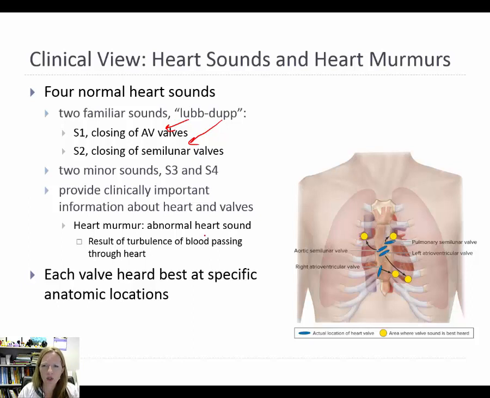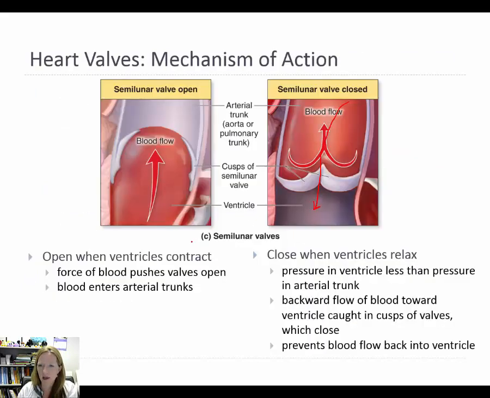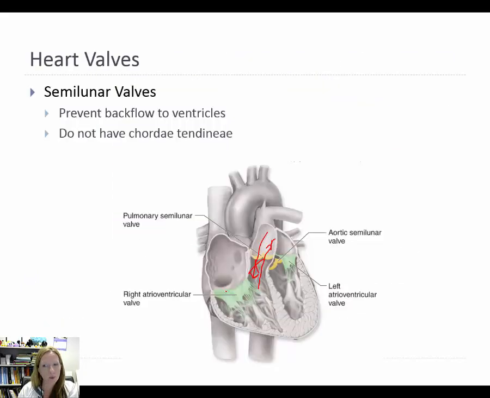When they're not able to close all the way, the blood is going to regurgitate back into another chamber. For instance, a common one is the mitral valve.